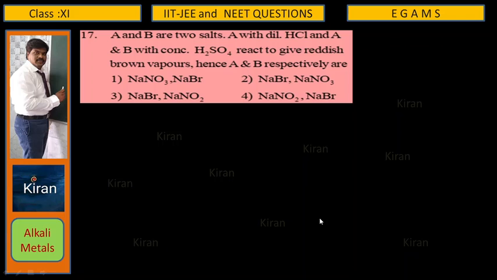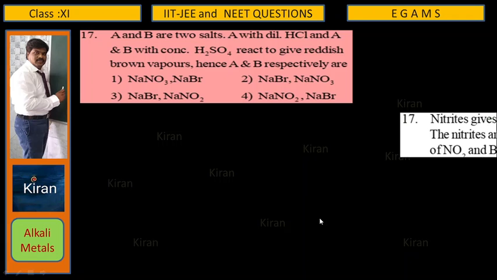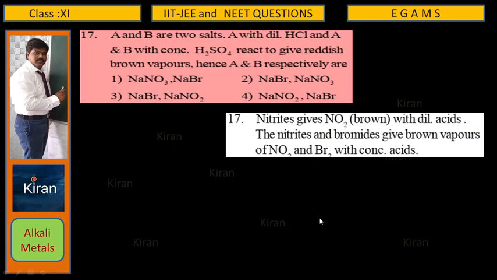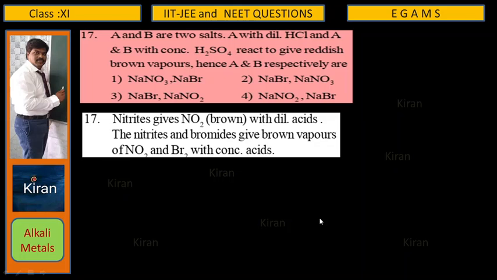A and B are two salts. A with dilute HCl, and A and B with concentrated H2SO4, react to give a reddish brown vapor. Hence A and B respectively are. What products will you get while conducting this reaction? Yes, nitrites give nitrogen dioxide.